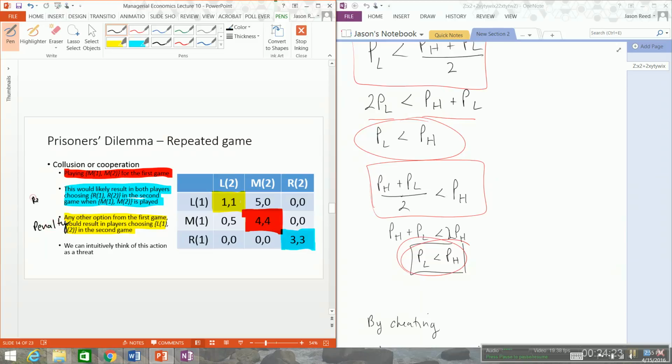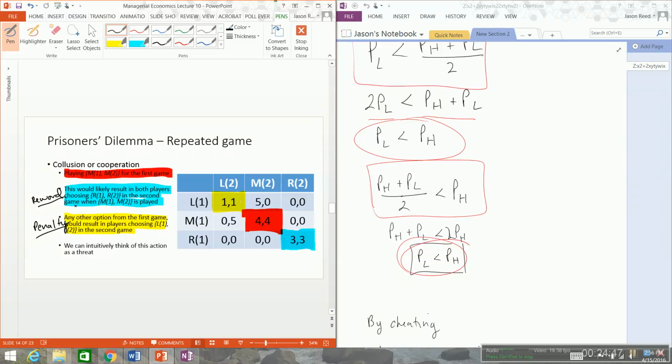This is reward. So now we need to determine, is our reward option better than our penalty option? If our reward option is better than our penalty option, then we will continue rewarding ourselves. We'll trust each other and we will play middle, middle the first game.